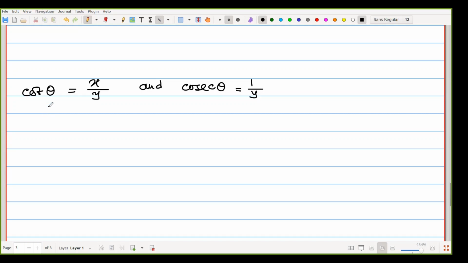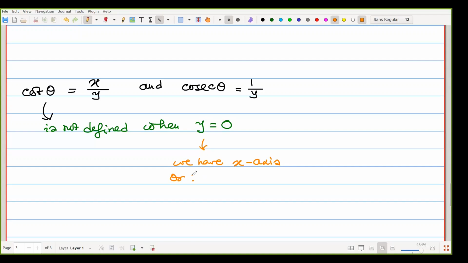So cot theta is not defined when y is equal to 0, and that may happen only when the revolving line coincides with the x-axis.